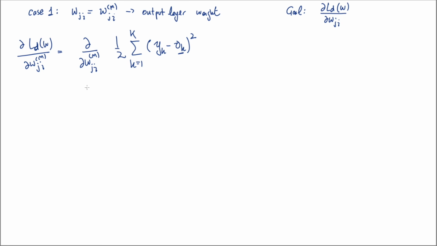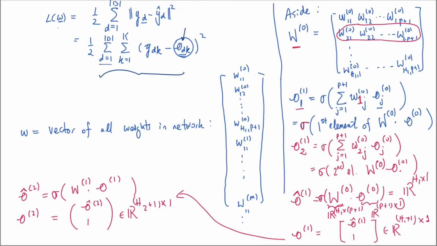Now what is the output k? Again, this is Wji^m. This is going to be yk minus the sigmoid of net output k. I keep forgetting what I called it, and I just want to make it really consistent.